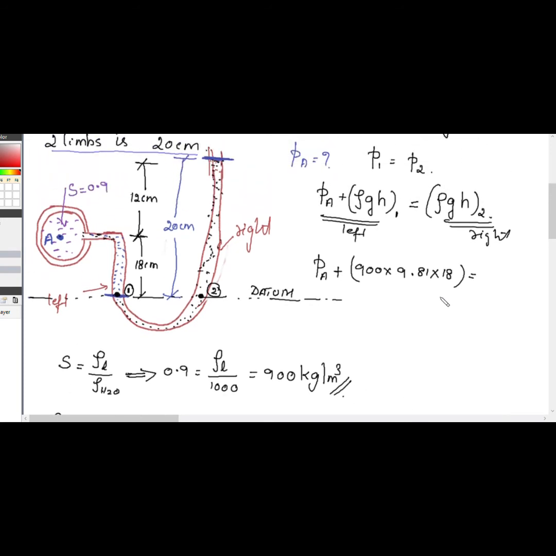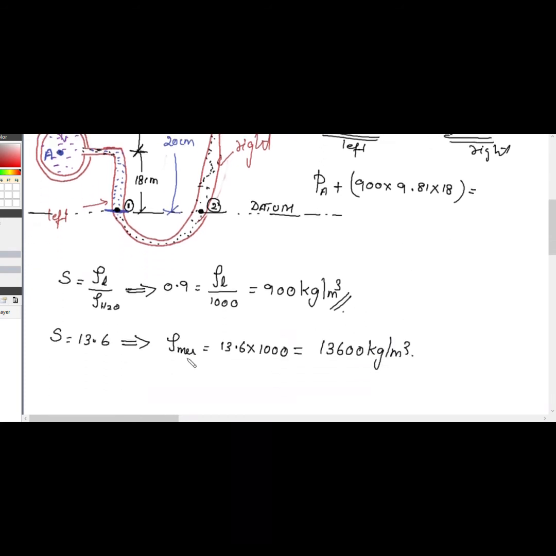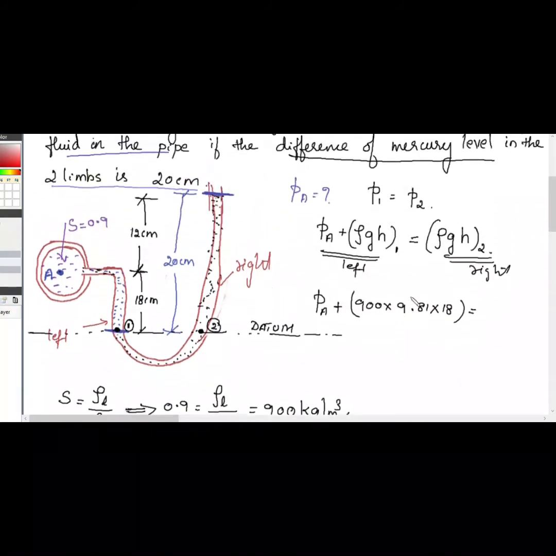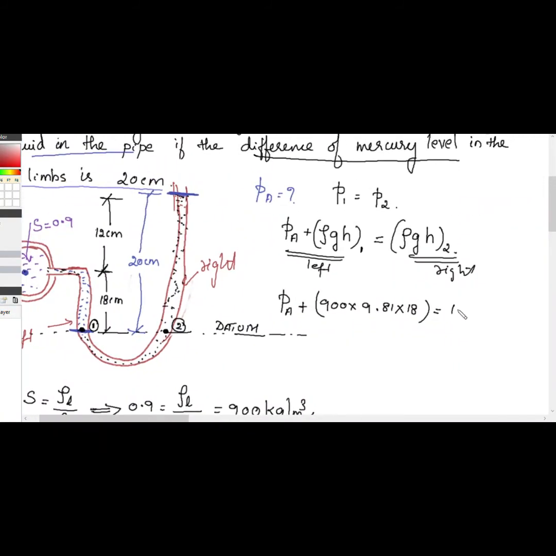So we will substitute the value for density of mercury, 13600, multiplied by 9.81 multiplied by the height, that is the height above the datum on the right limb, that is 20 centimeter. Here also it is 18 centimeter, so we will convert it into meter, so divide by 100.